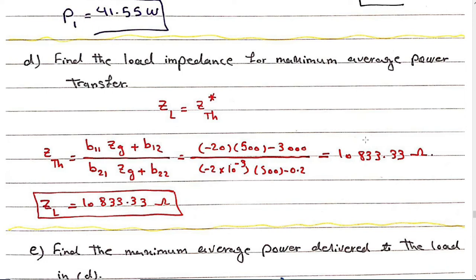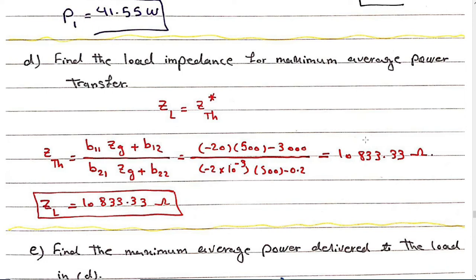Why? Walter, answer. When there is no imaginary part at the load, at that time we have the maximum power. So that's why we say ZL is equal to Z Thevenin conjugate, because we want to cancel the imaginary part. Is that clear?